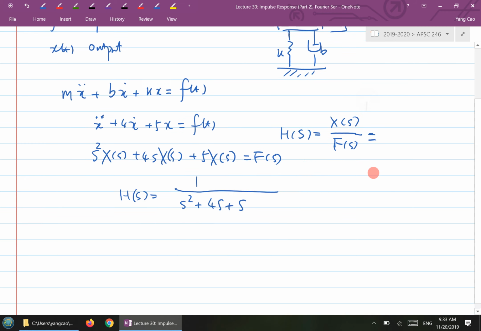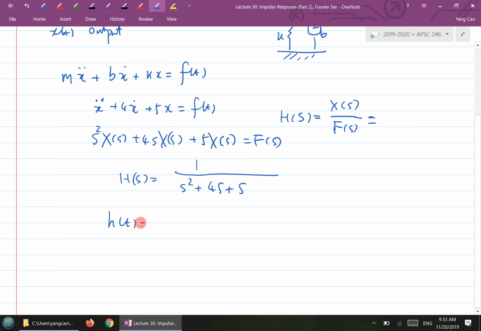So from here you can find the impulse response by taking the inverse Laplace of this transfer function, and then you get e to the power negative 2t sine t times u of t. Okay?